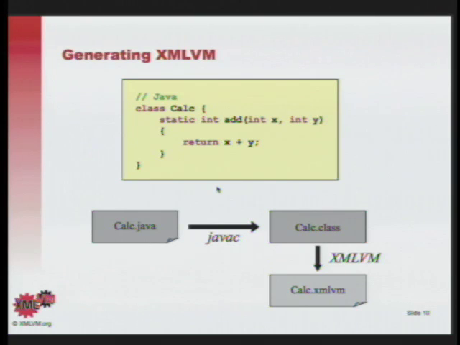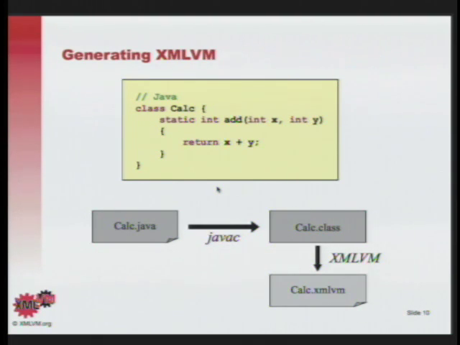The big advantage of DEX is that it's a register-based instruction set. The Java virtual machine is based on a stack machine, but Dalvik is based on a register machine. So we're making use of that, and the first thing that we do in our toolchain is to take the Java source code and turn that into an XML file where the implementation is represented by the Dalvik instruction set.